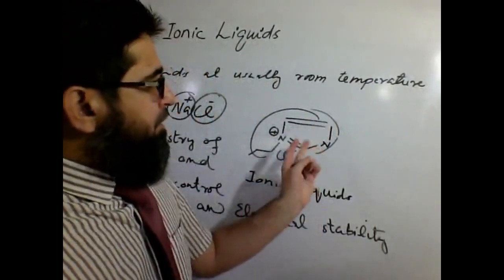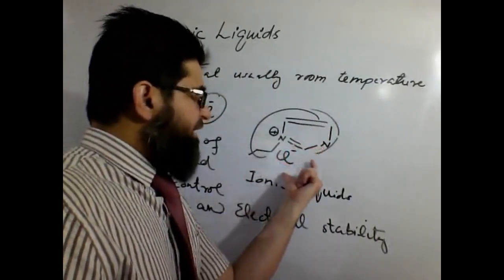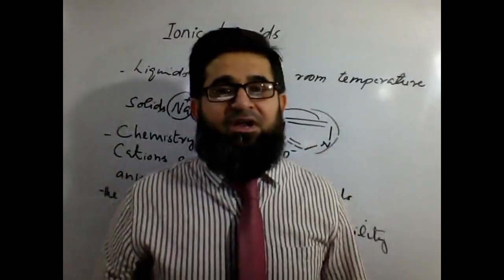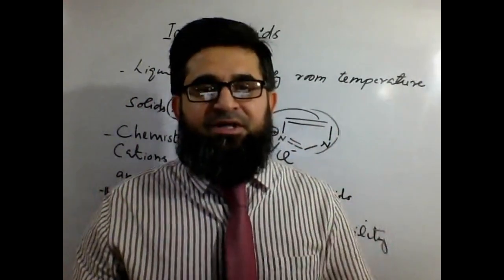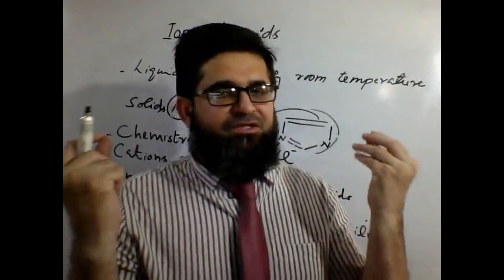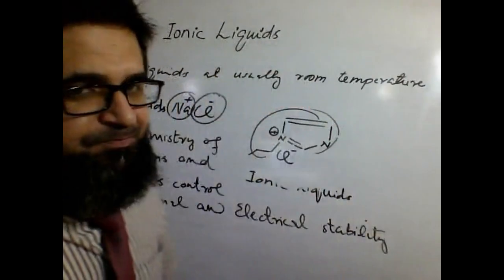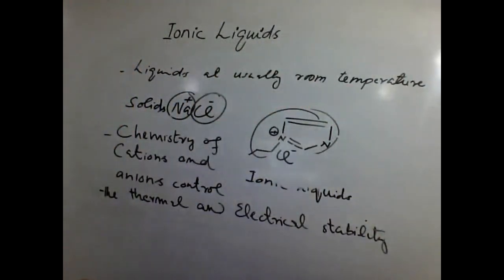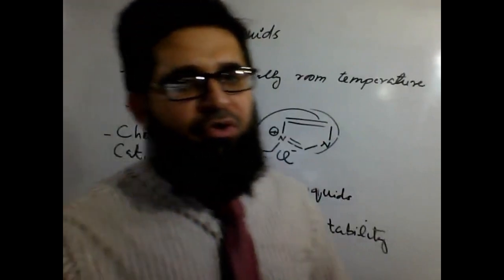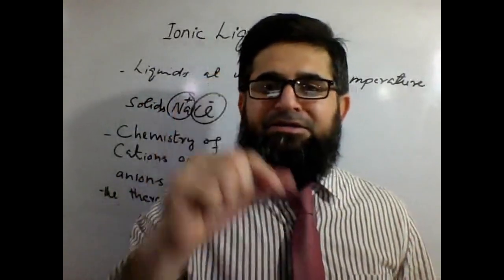However, the ionic liquid with the chloride and the ionic liquid with PF6 will both have a hell of a difference in their stability, in their electrical properties, similarly in their solvating properties, their properties as solvents. So all properties are controlled by the chemistry, meaning the nature of the anions and cations.